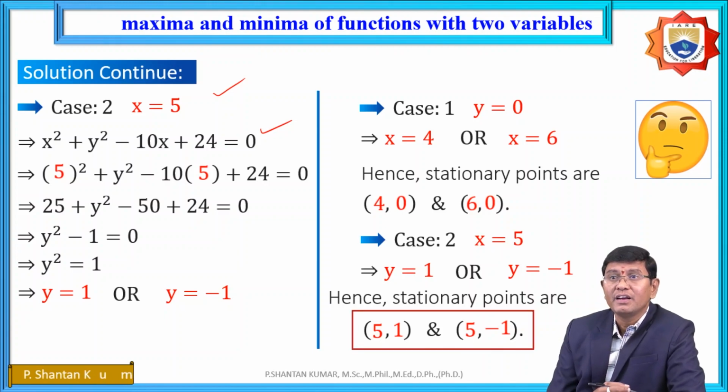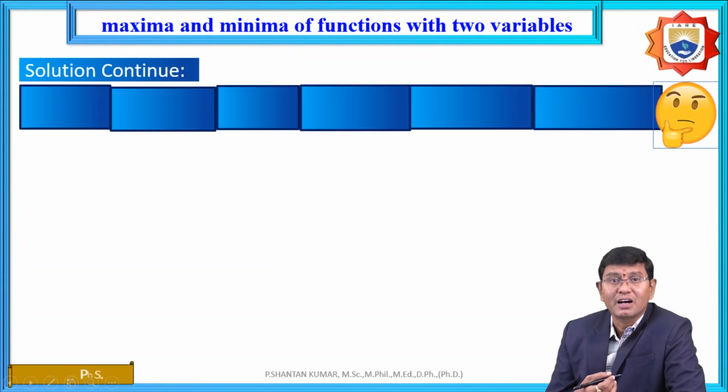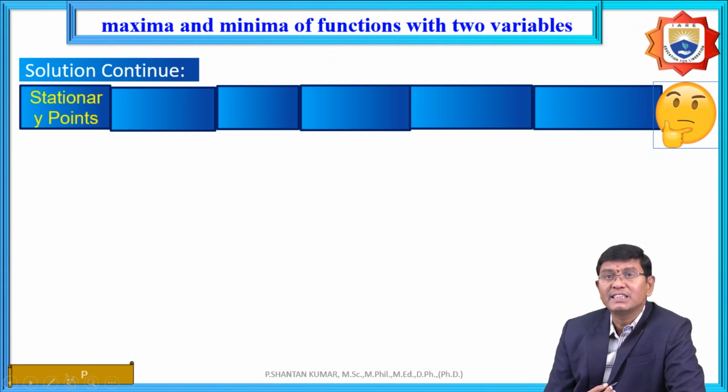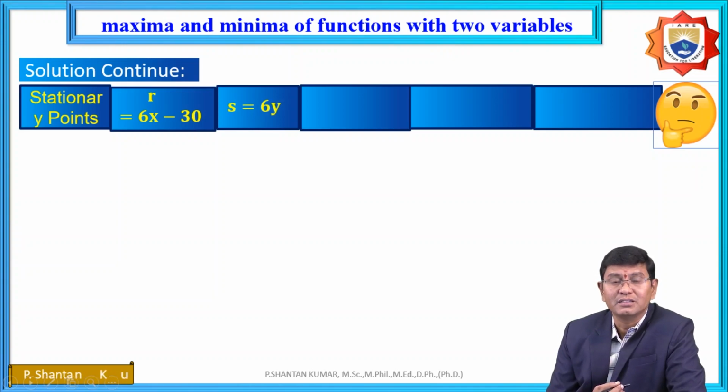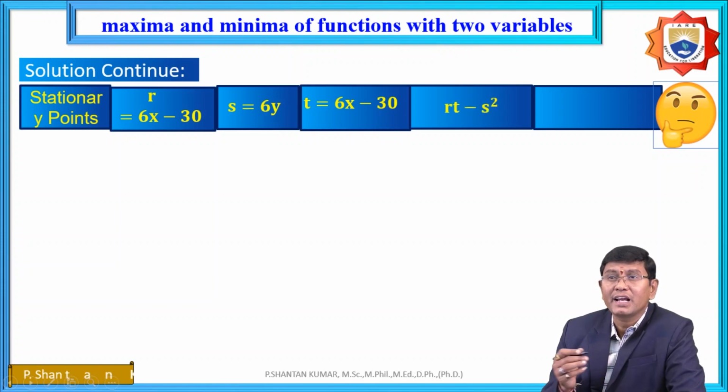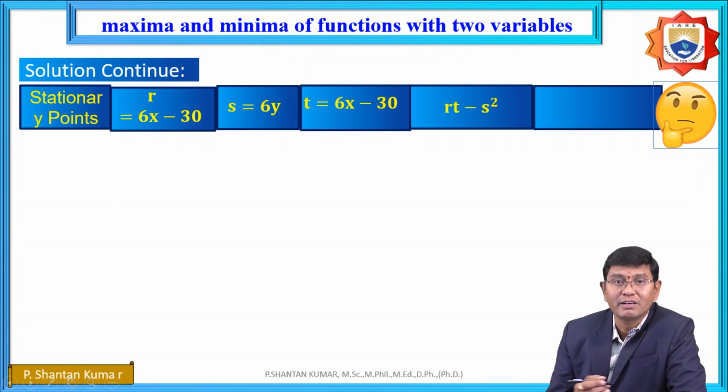And again here, first of all, what is the result and conclusion? According to the working rule, we have shown that one is the stationary point, second is the r function, third is s, and fourth is t, and then the calculation of rt minus s square, and further the conclusion of the given problem.